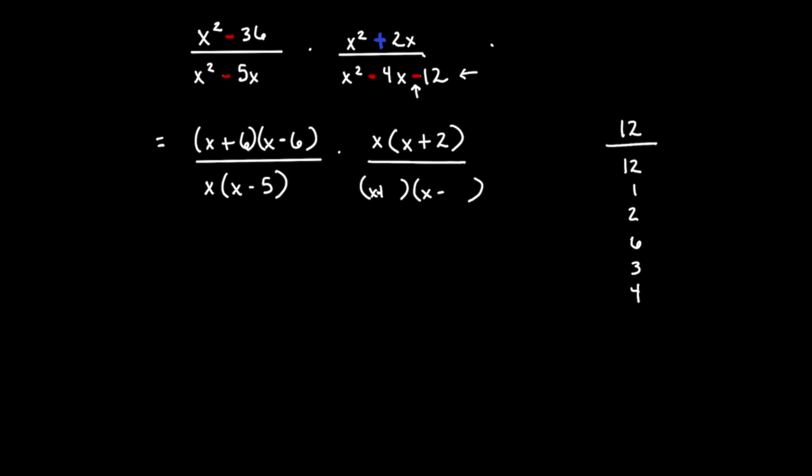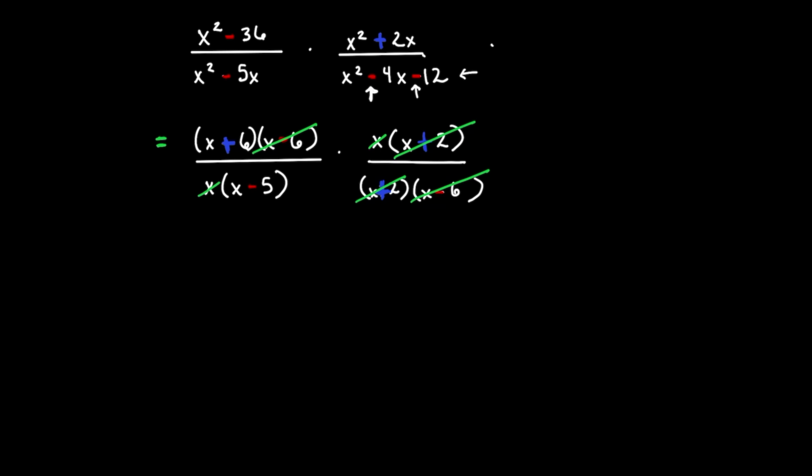Then we find all the factors of 12. And we need to find something that will multiply together to make 12 and then add together to make negative 4. So we have 6 and 2, and those work. And we want to put the larger number where the negative is, since it's negative 4x.